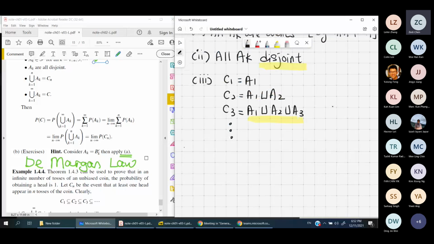So P of C is just equal to P of the union of K equals 1 to infinity, our setting here. Which is equal to P of summating.